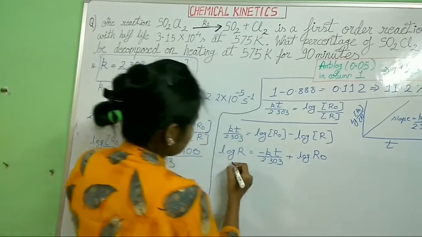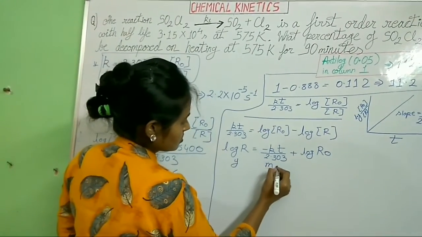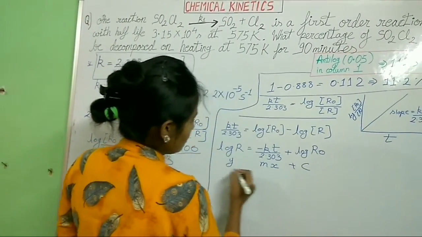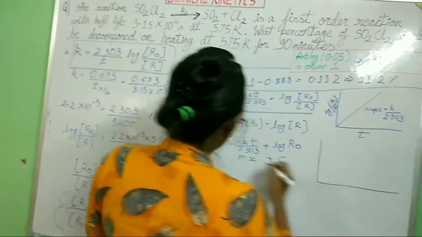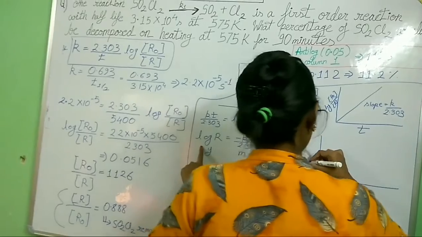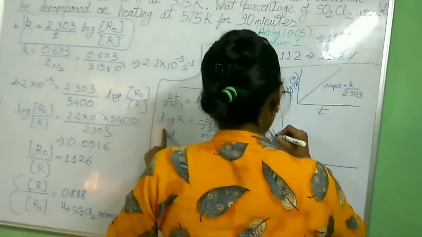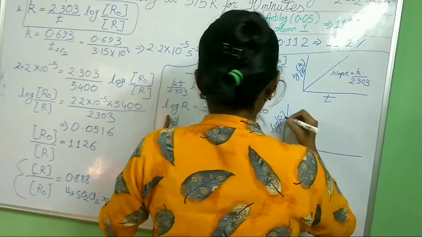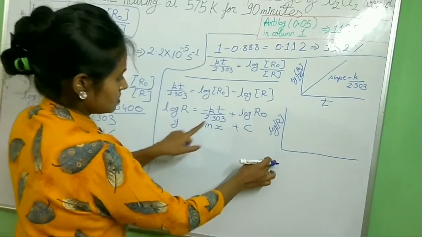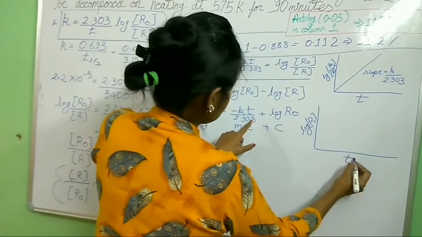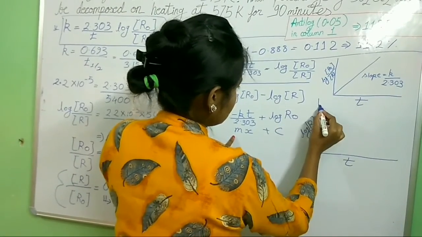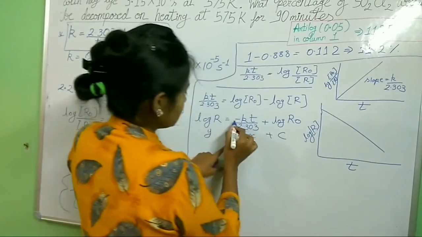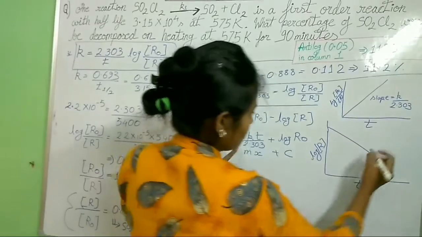Okay, so this will be y, this will be mx plus c. Now, if you want to plot this graph, how will you plot? Log R we have taken on the y-axis, t will be on the x-axis, and our graph will be like this, because here slope is minus k by 2.303.